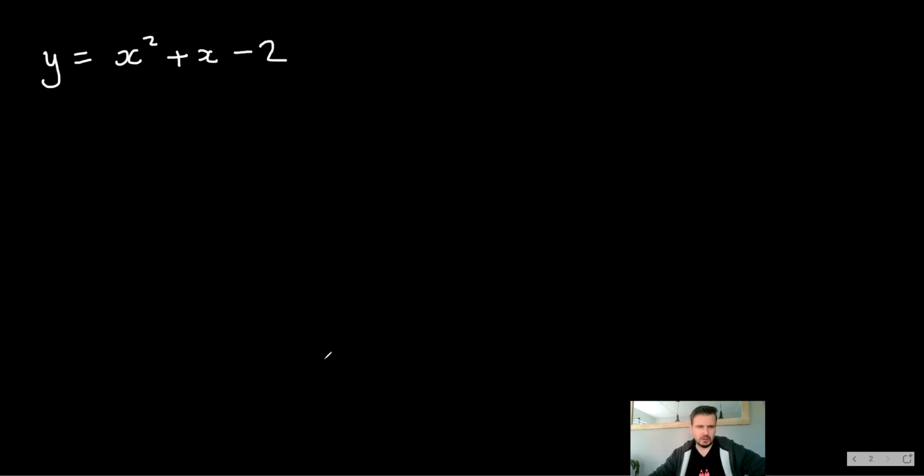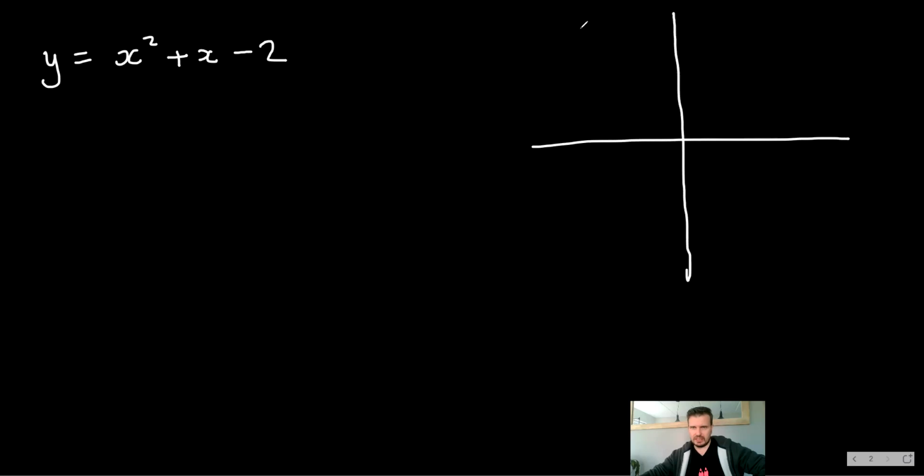Okay. So now we're going to look at this, which still has an x squared, so we are still dealing with a parabola. Remember we had the idea that it would be a smiley face.